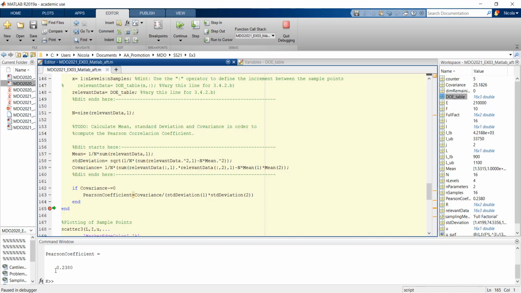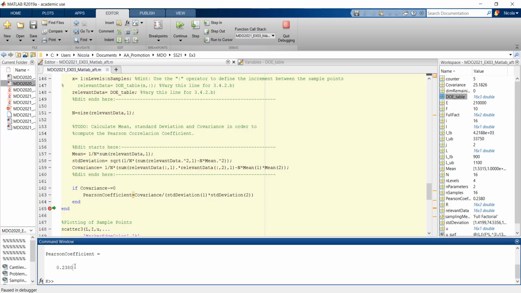Okay, now we got a Pearson correlation coefficient of 0.23, and before it was 0.98.